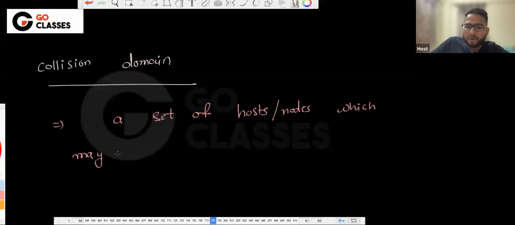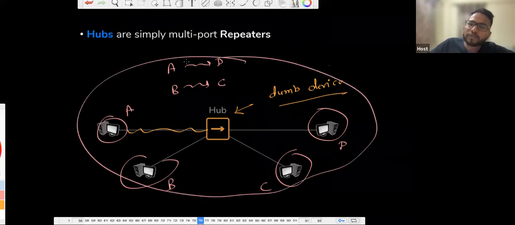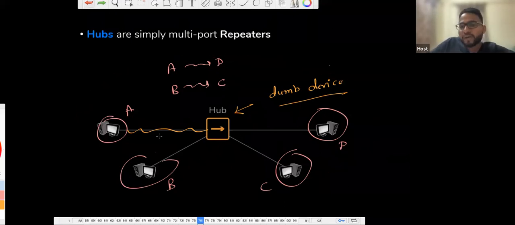I mean, their packets may collide, right? So in this case, what is the collision domain in this hub? Since A is sending to D, it will also be sending to B and C. So basically, this whole thing is one collision domain. Why? Because any of these packets can collide. So that's why this is called a complete collision domain, which means this hub is not reducing the collision domain.